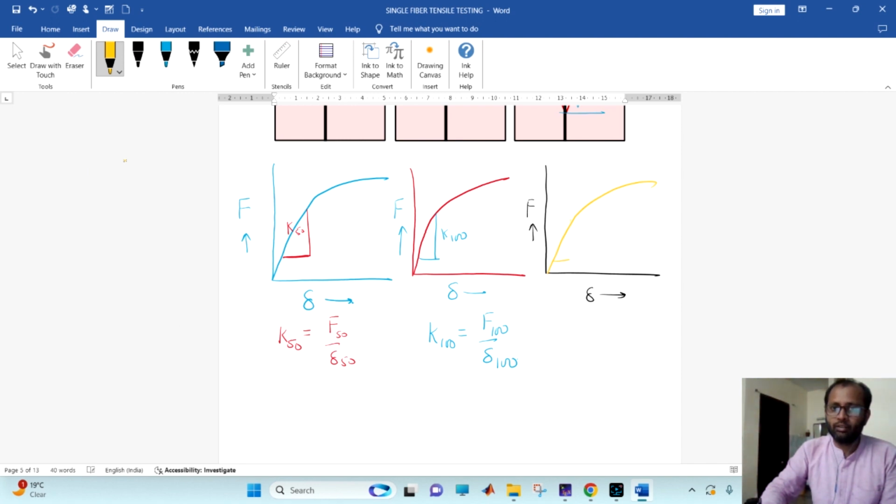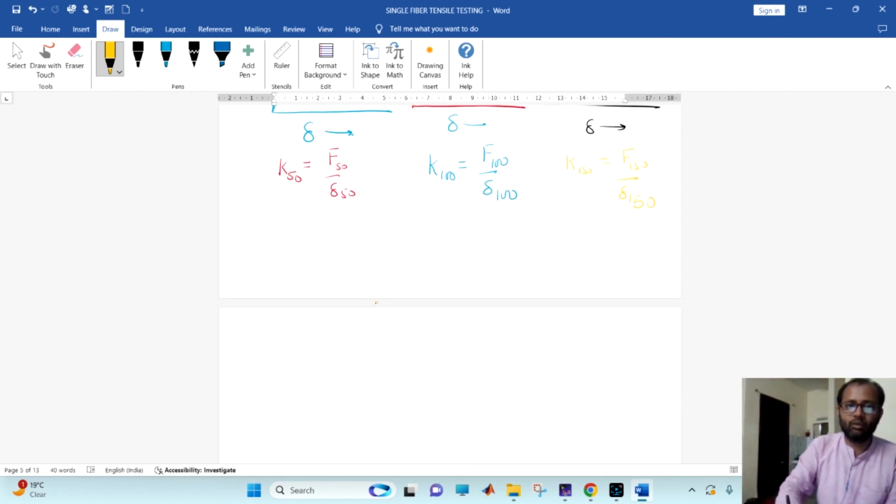So I got K150, that is the stiffness of the 150 mm gauge length. From here, what will I get? I will get the compliance. I got the compliance C50, the compliance for 100 mm gauge length, and the compliance for 150 mm.